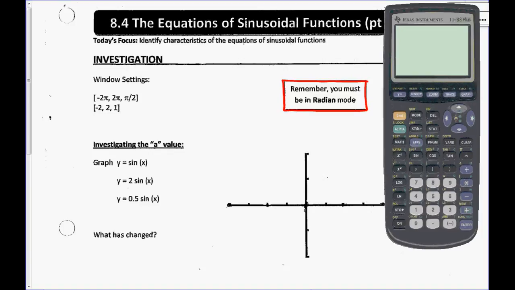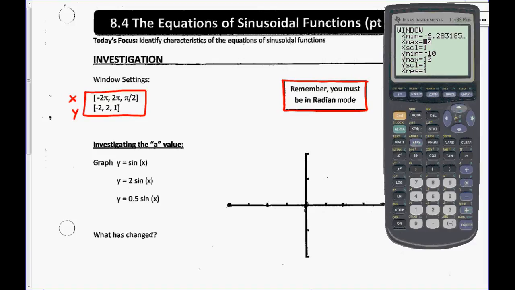Okay, then I can clear my calculator, and I know my calculator is now functioning in radian mode instead of degree mode. Also, this asks us to set our window settings for this. So these will be your X settings, these will be your Y settings. Go into your window, set your settings as -2 pi. Remember, you have a pi button, second function of your up arrow.